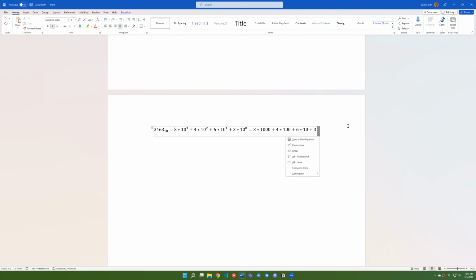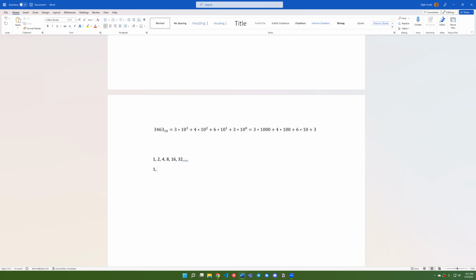Other bases that are important to know: binary is base 2. You should all be familiar with that at this point, but everything is increasing powers of 2. So our first place is the ones place, and then 2, and then 4, and 8, 16, 32, and so on. We can have octal, which is base 8. Again, our first place is 8 to the 0, which is 1.